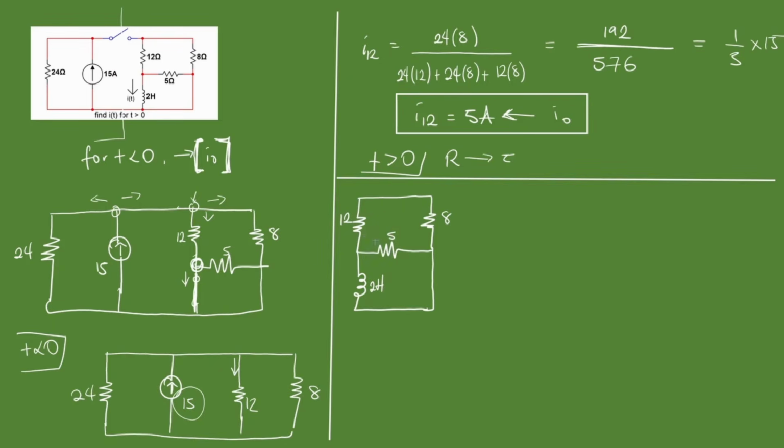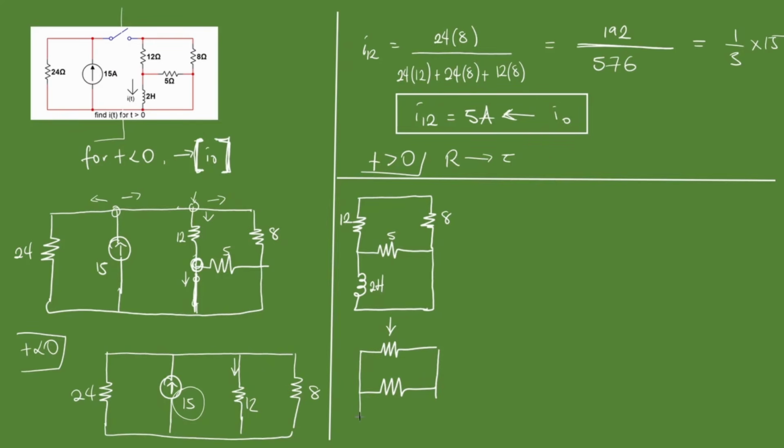So we will see that this 5 ohms resistor is in parallel with both 12 and 8 together. So finding the equivalent of 12 and 8 in series, that's going to be 20 ohms in parallel with 5 ohms.